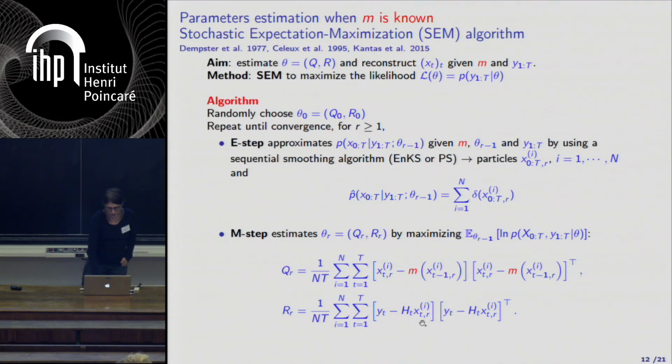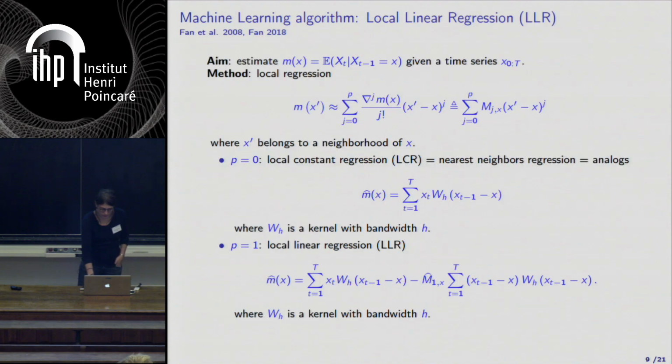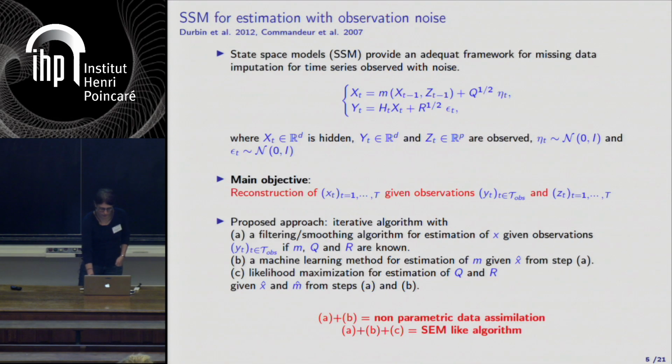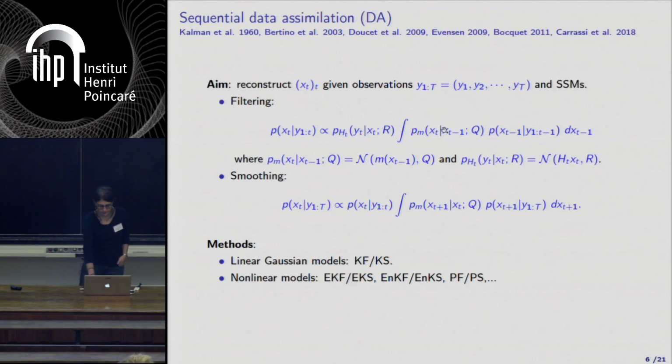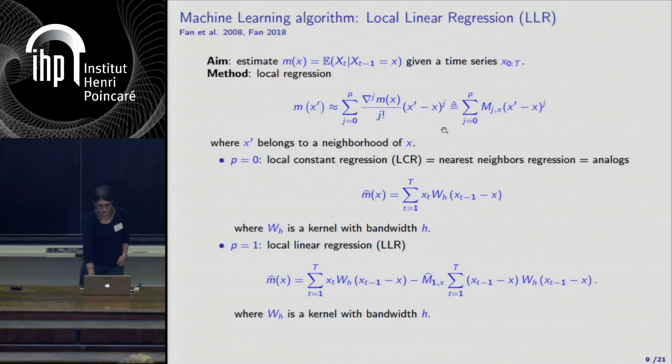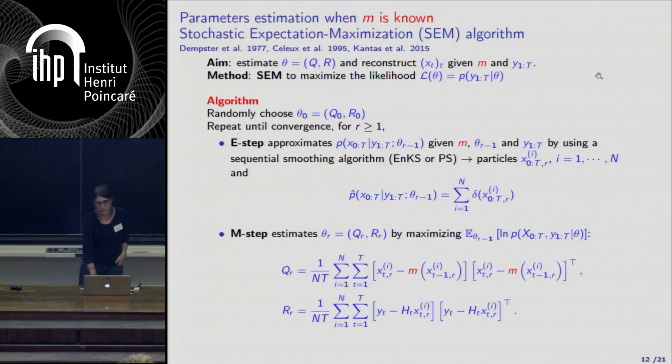So now we have checked that the non-parametric estimate seems to be good. Now we have to learn, if we are able to learn M, if we have a good catalog, now we have to learn Q and R. The standard method to do that is the one which was presented by Manuel Pulido yesterday, which is to use an EM algorithm, more specifically the stochastic EM algorithm.